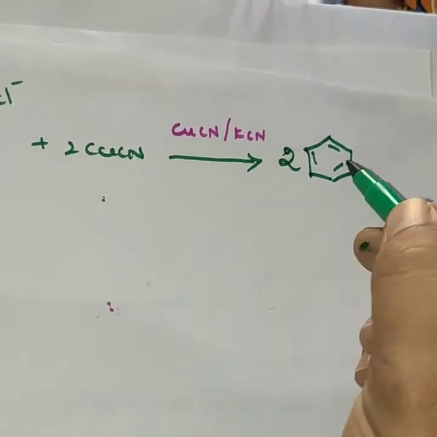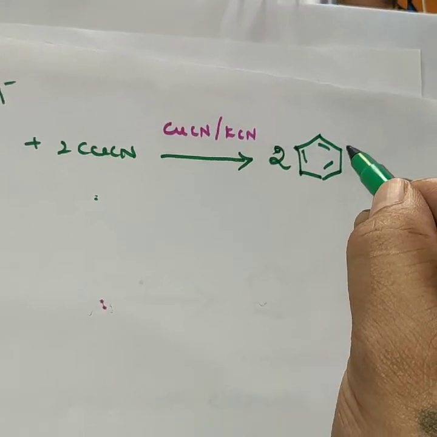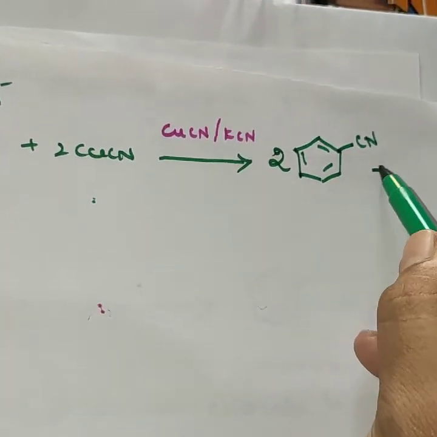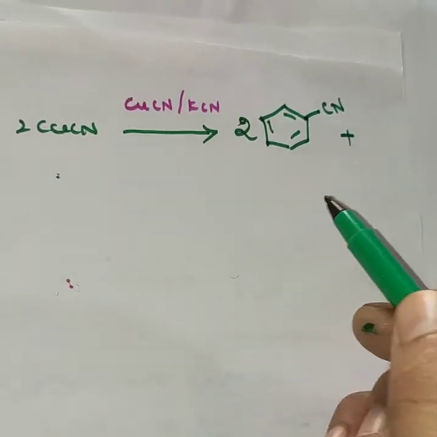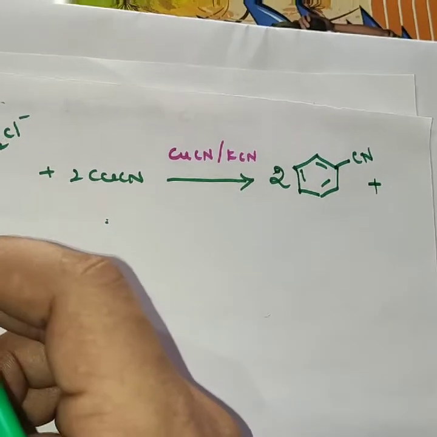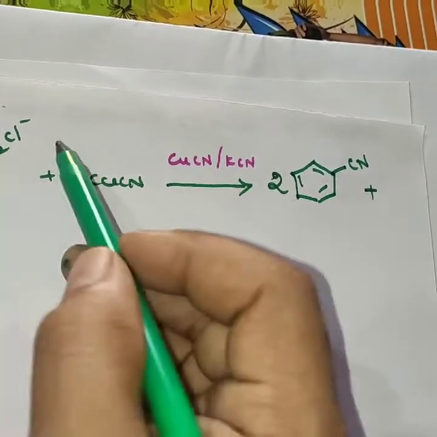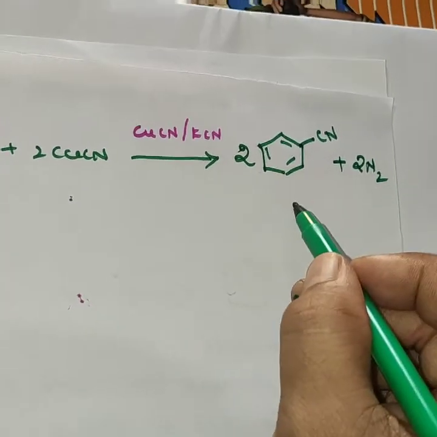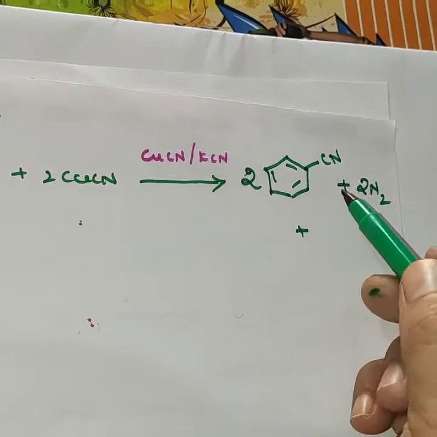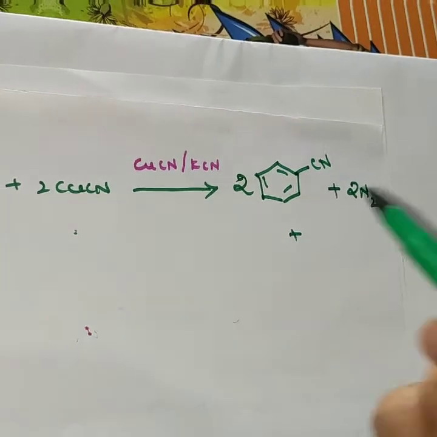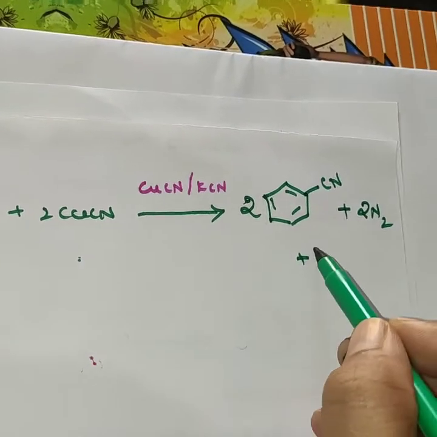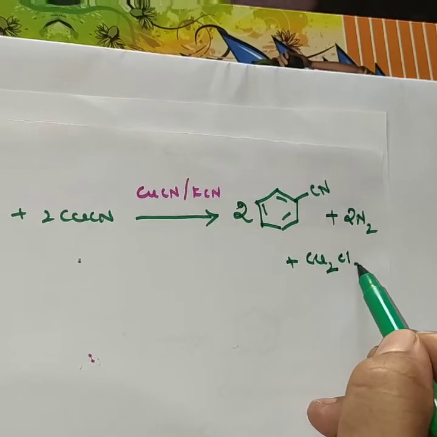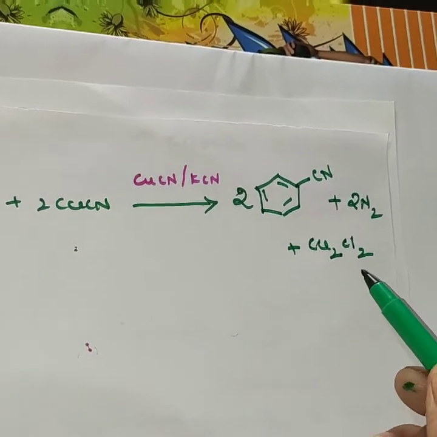The main product has CN substituted, and the elimination products are 2 molecules of nitrogen, N2, and Cu2Cl2.